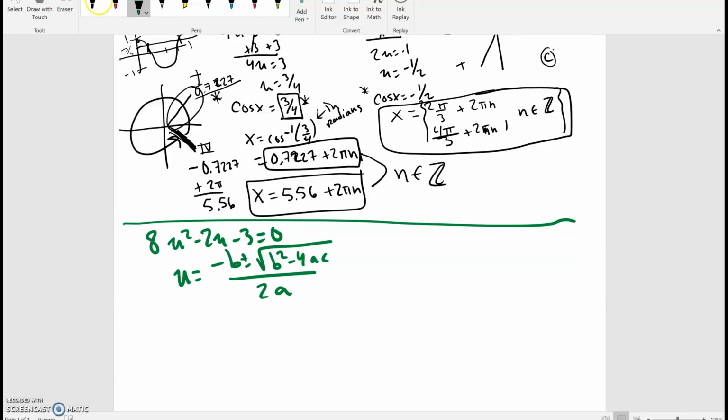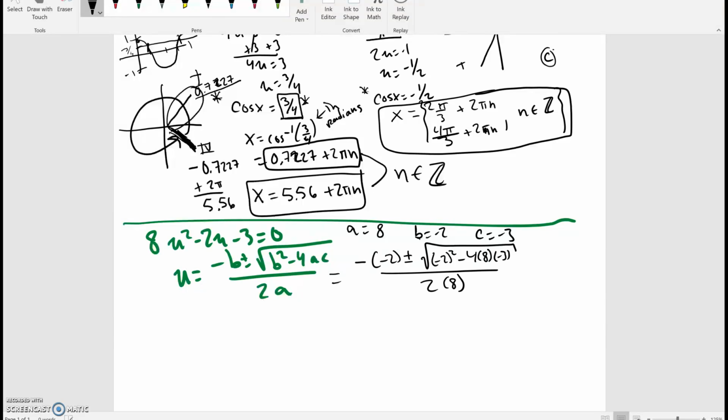In this case, a equals 8, b equals negative 2, and c equals negative 3, and I can plug all these things in. So this is negative, then I'm going to plug in the b, negative 2, so this doubles, plus or minus the square root of negative 2 squared minus 4 times 8 times negative 3, divided by 2a, so 16.